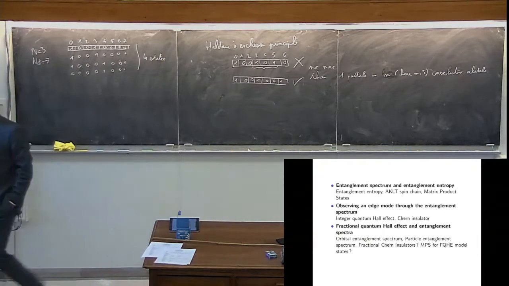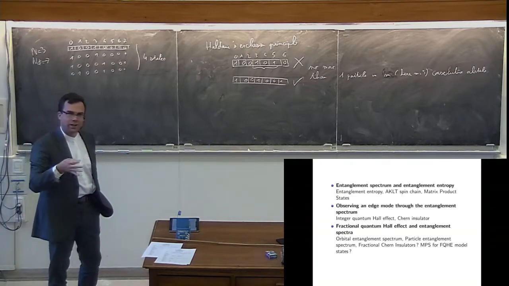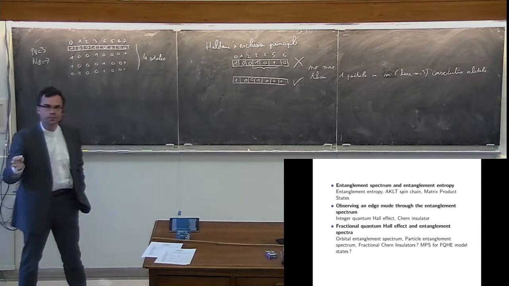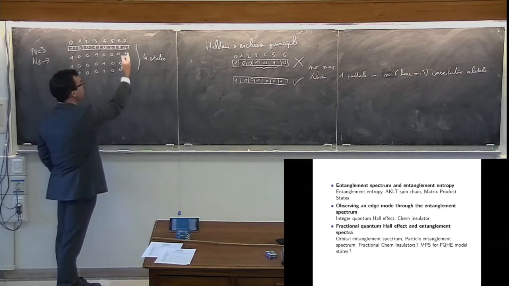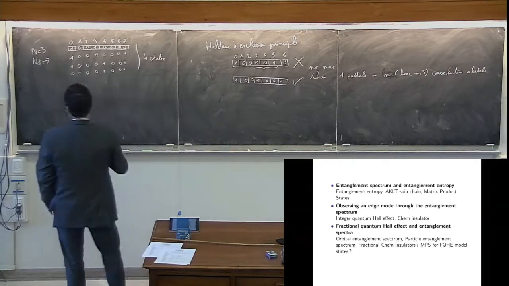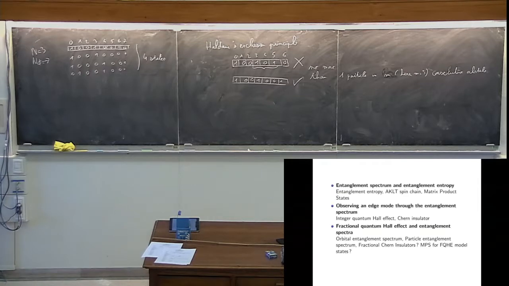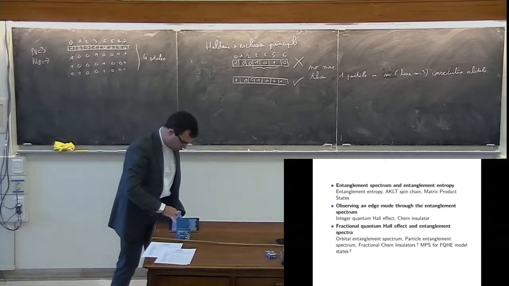Remember when I wrote down the polynomial and decomposed it as a function of the power of z0, we had N plus 1 polynomials. So here you have 3 particles, so you expect 4 states, and that's exactly what you get. So you can play this game for any number of particles and any number of flux quanta. So you can get this number just by using this rule here.